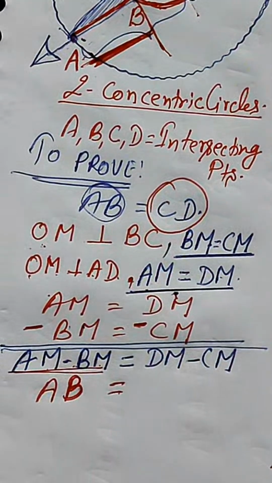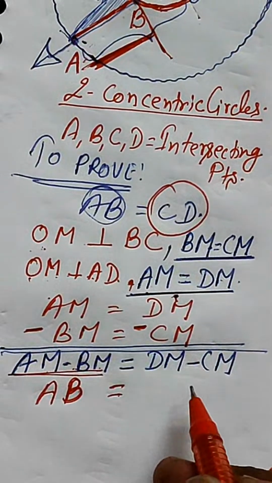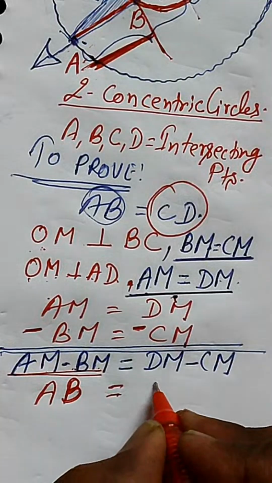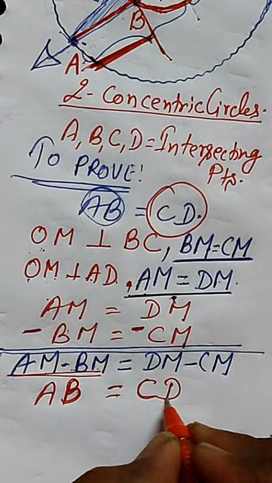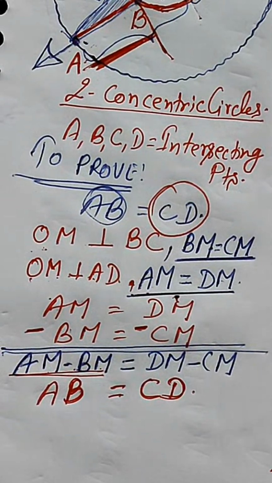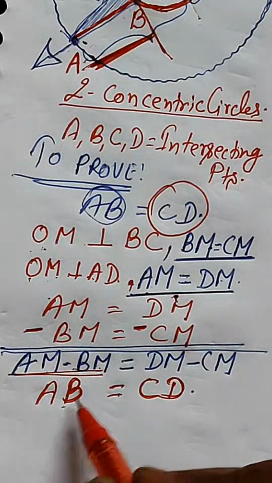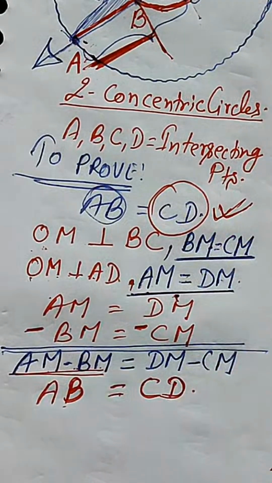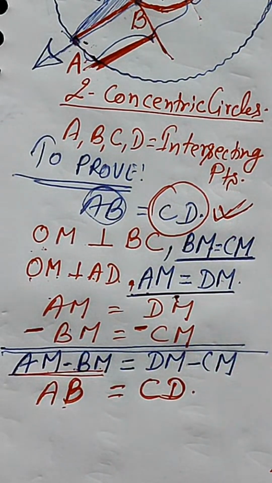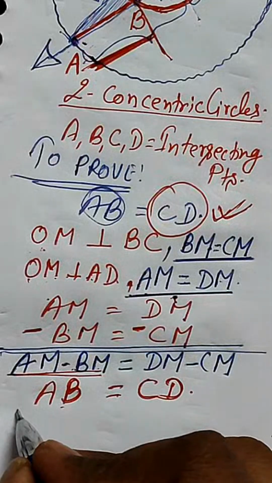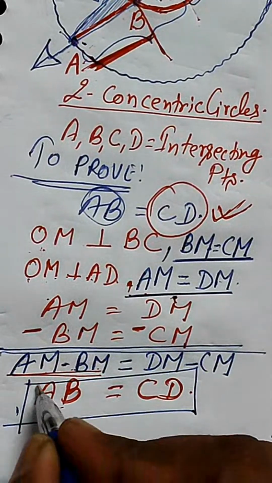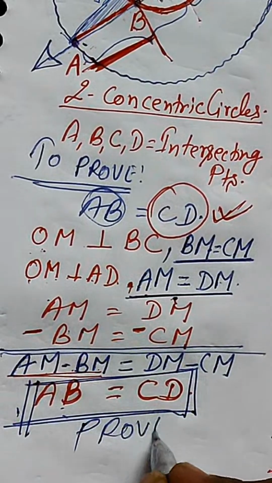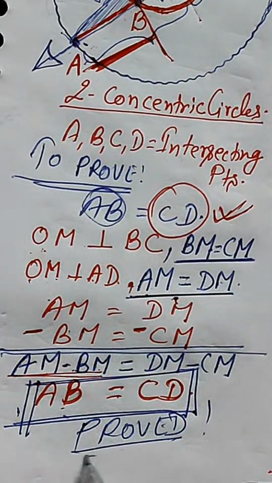Then we can write in place of DM minus CM, it will be CD, right? So in this way, we have proved whatever we have desired, right? So in this way, we have proved AB is equal to CD, right?